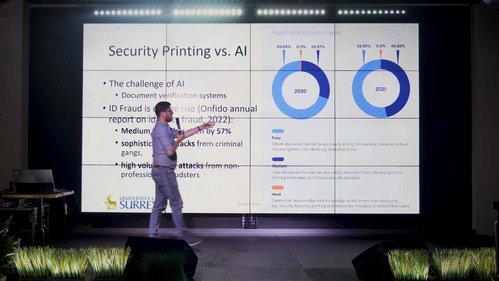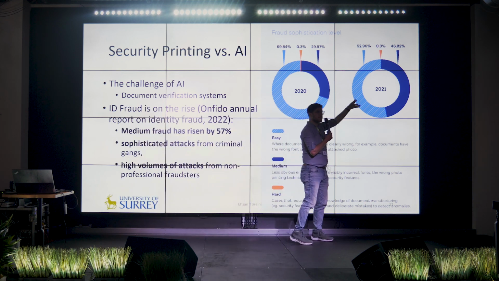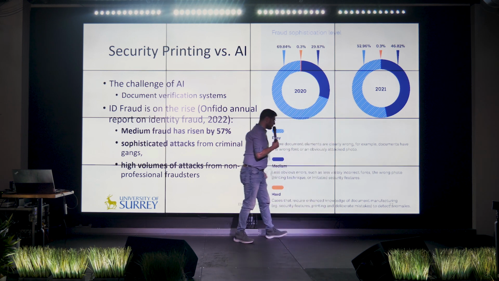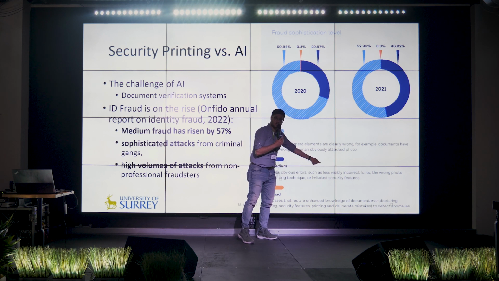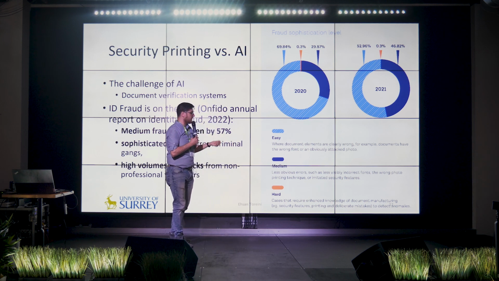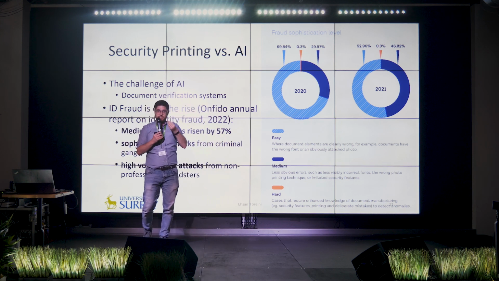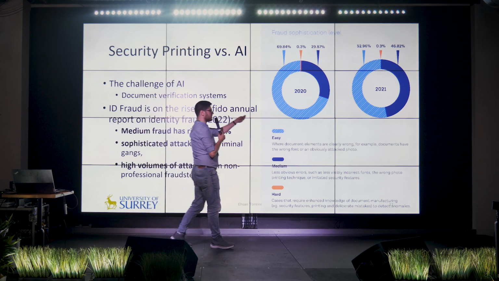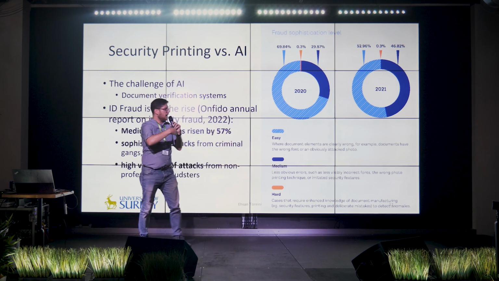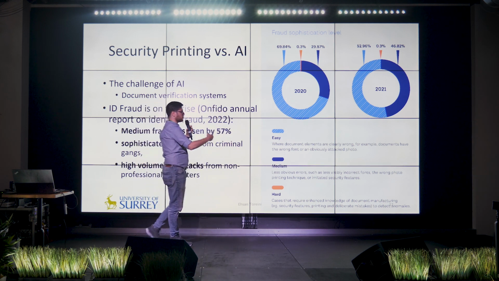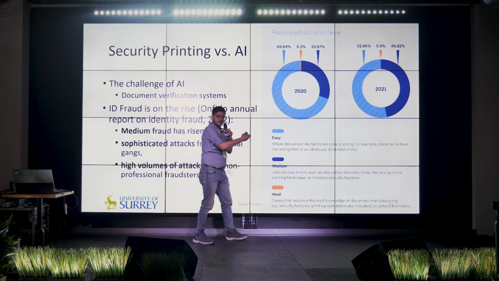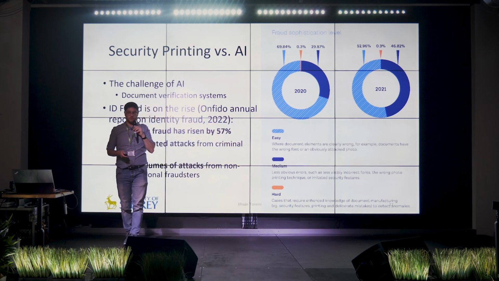As you can see, between 2001 and 2000, there is an increase in medium sophistication attacks. Medium attacks refer to the attacks that are hard to see and notice. That indicates that the people who want to bypass those online verification systems are getting better and better at bypassing the anomaly detection mechanisms or any forgery detection systems that are put in place to differentiate genuine online documents from counterfeit ones.